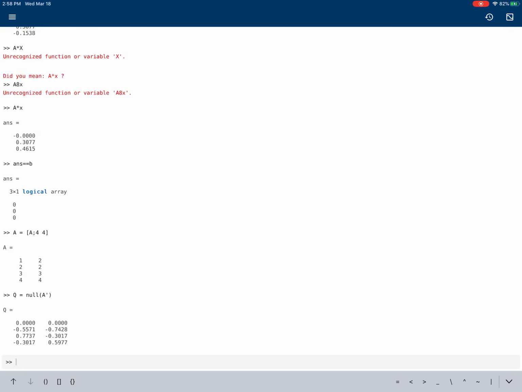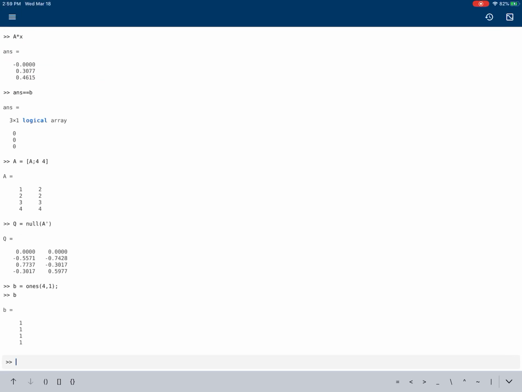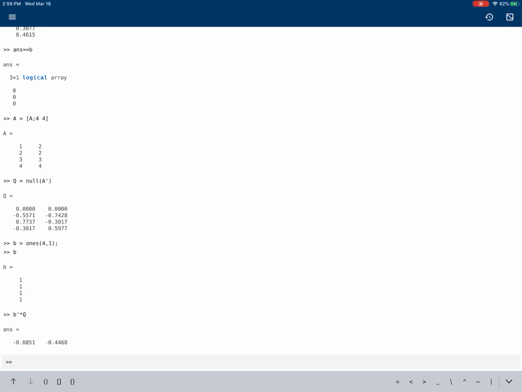So I need to make sure that my solution vector B is perpendicular to both of these vectors in the basis. So let's see, if I wanted B equal to the vector of ones. Okay, so B is this. And I check the dot product of B with each of the vectors in Q.